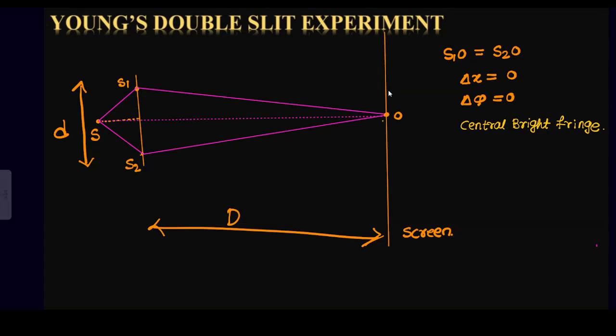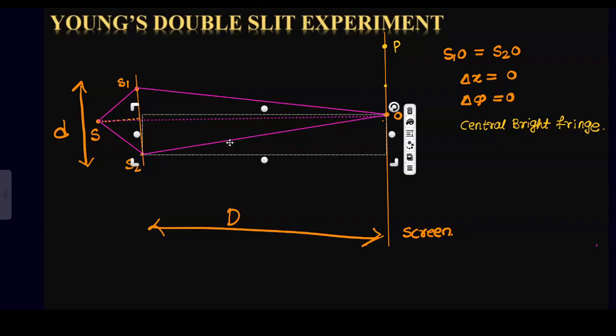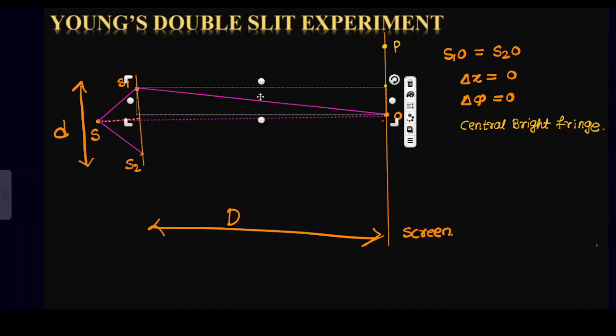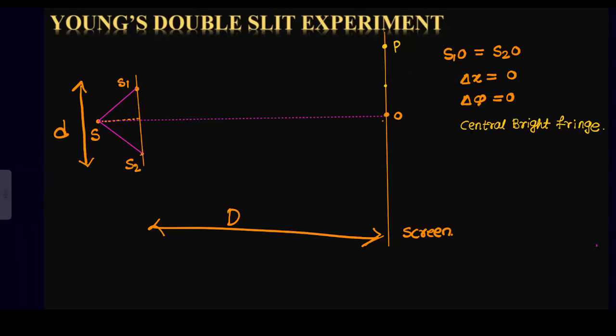Now we have taken some other location, randomly, a point here. At this point, what will happen? Should we talk about minimum or maximum in this case?